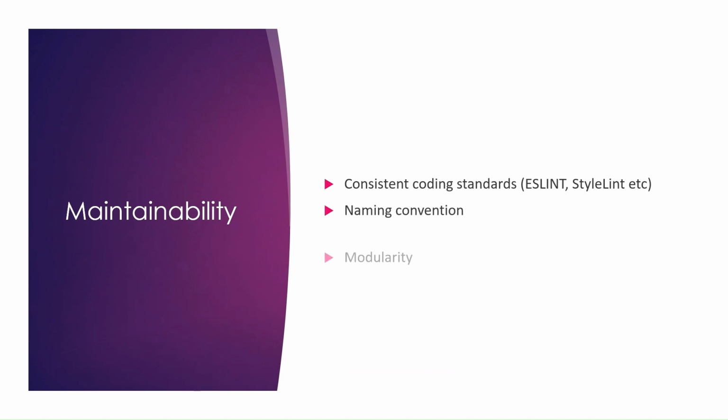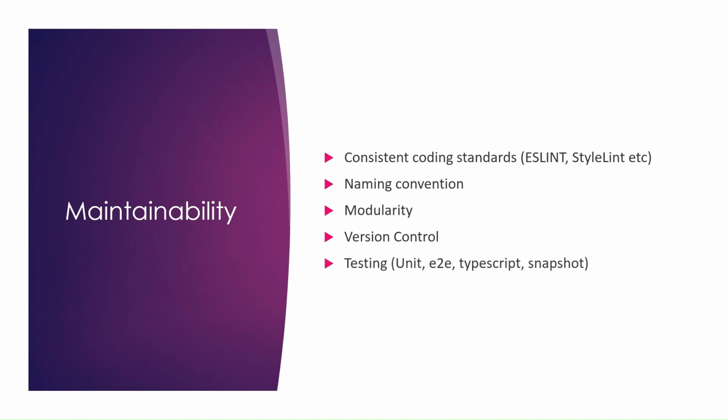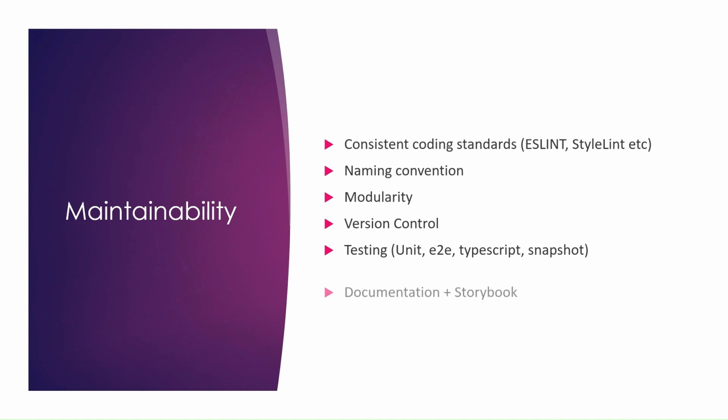And the last topic for today is maintainability. We need to follow next steps to have a good level of maintainability. Consistent coding standards: follow a consistent coding style and naming convention for your code base. Break your application into small and manageable modules. Use a version control system to keep track of changes made to your code base. Write automated tests to ensure the functionality of your code base.